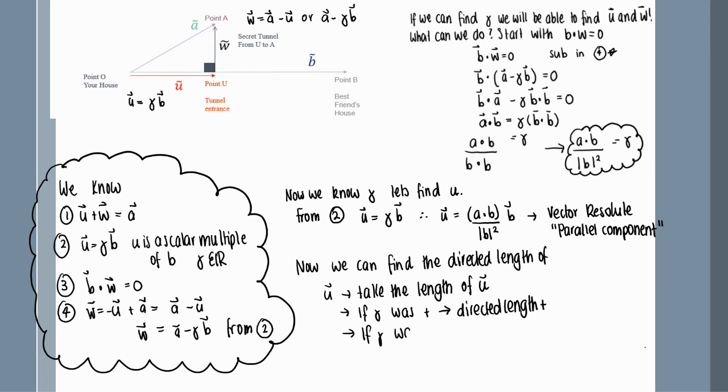If our gamma is negative, just put a negative sign in front of the length of U, and that would give you your directed length or your scalar resolute of U. This indicates that U is in the opposite direction of B, but still kind of lies along the same path as B, just pointing the other way.